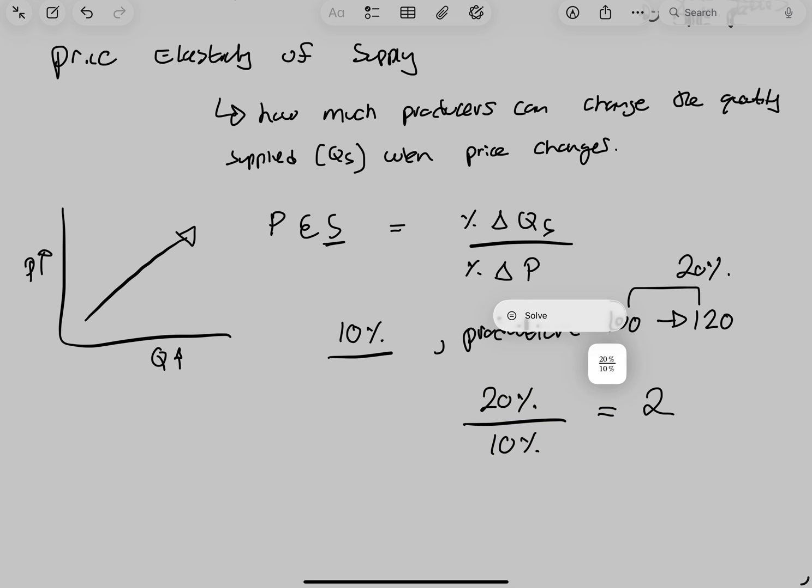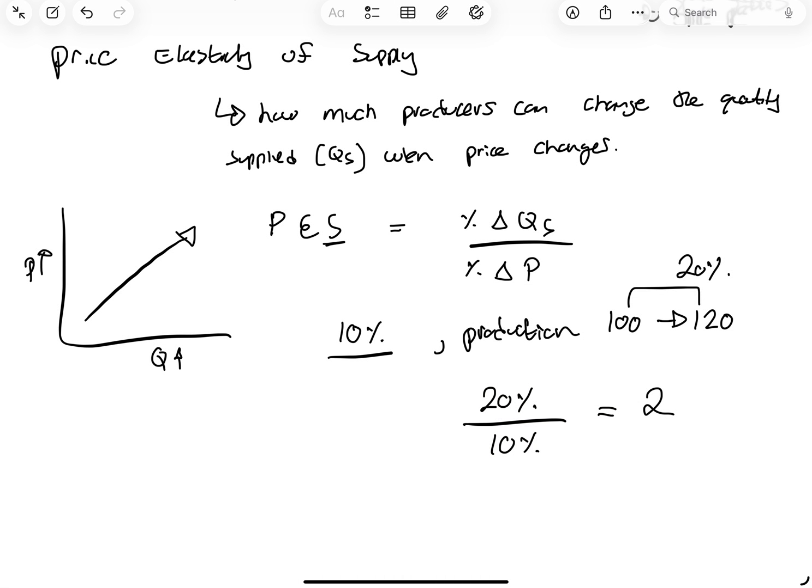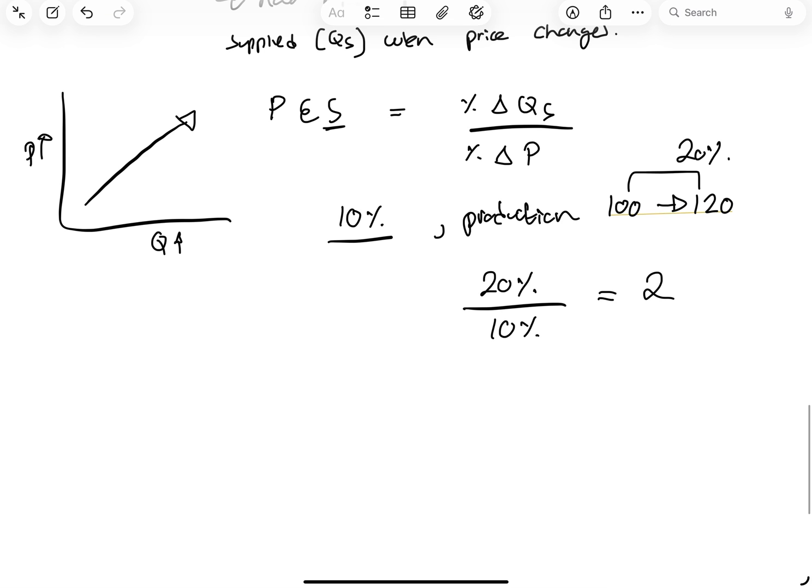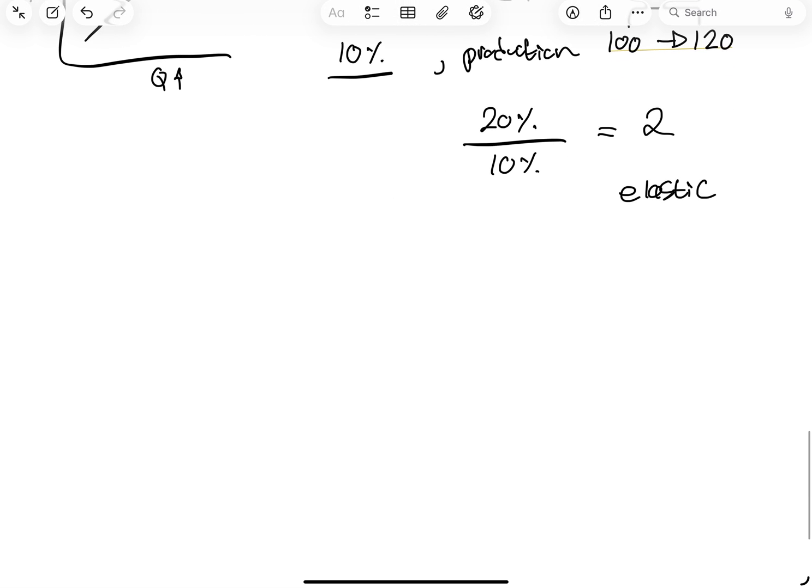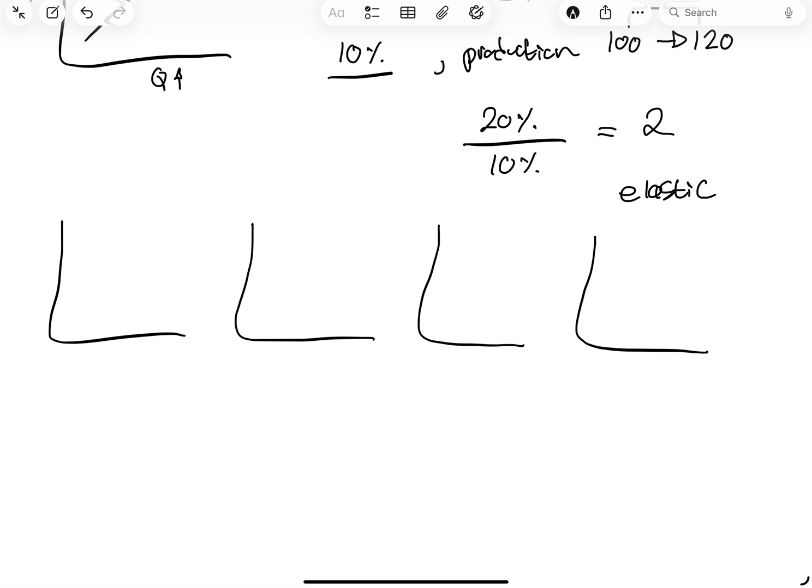And 2, in this case, if you think about those different ranges of elasticity we talked about before, would represent something that's more so elastic. You follow a similar range as we did with our elasticity of demand.